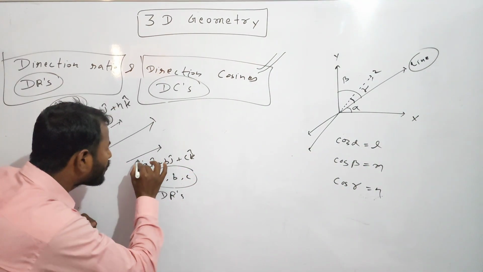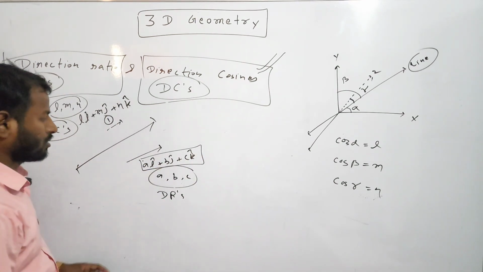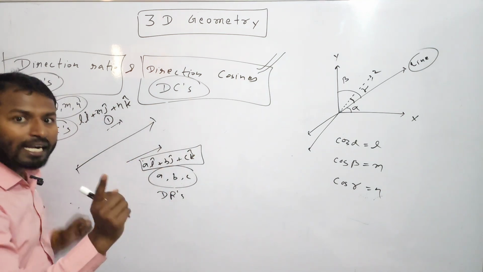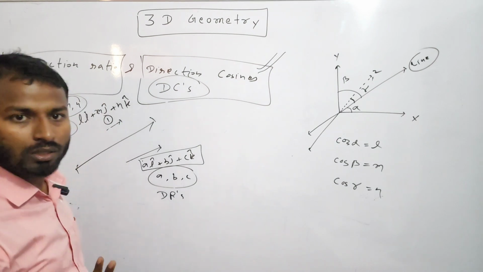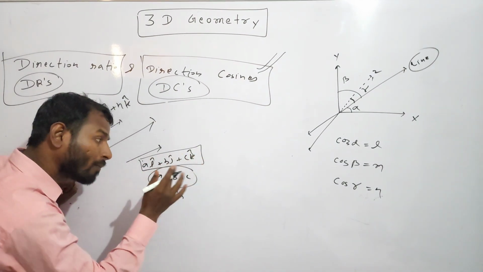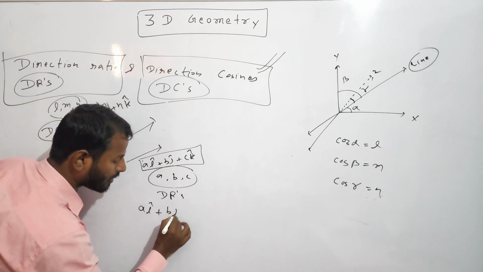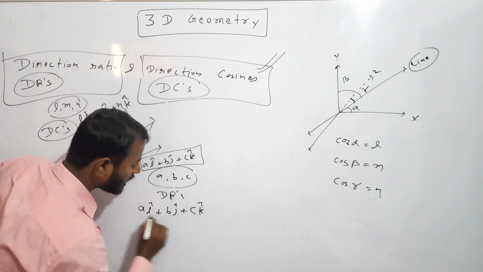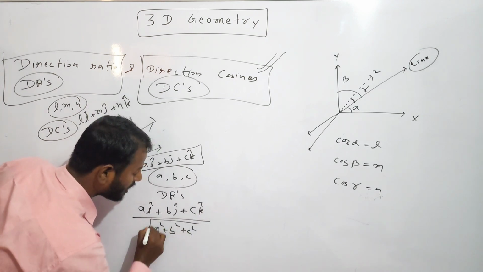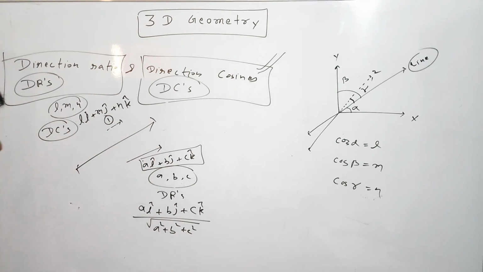If we convert this magnitude into 1 by converting it into a unit vector, as you know, if we divide any vector by its magnitude, we get a unit vector. So if we divide this vector A i cap, B j cap, C k cap by its magnitude, square root of A square plus B square plus C square, this vector converts into a unit vector.